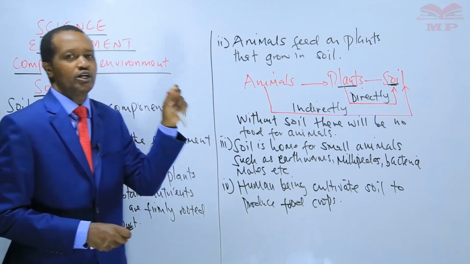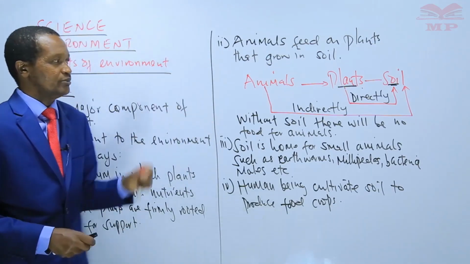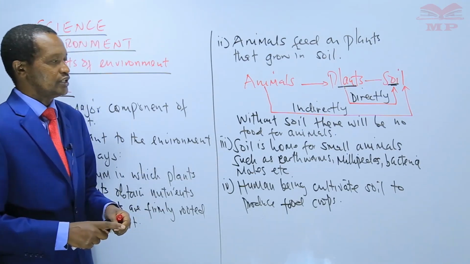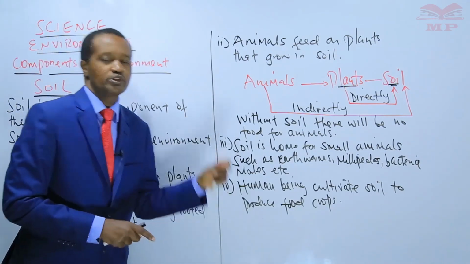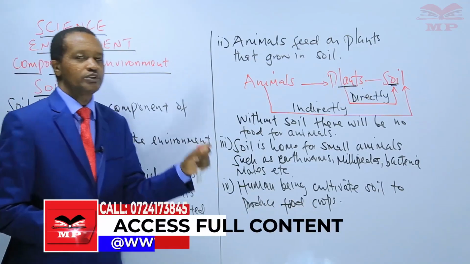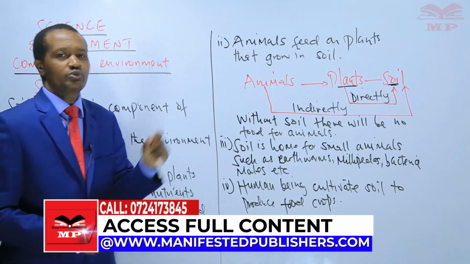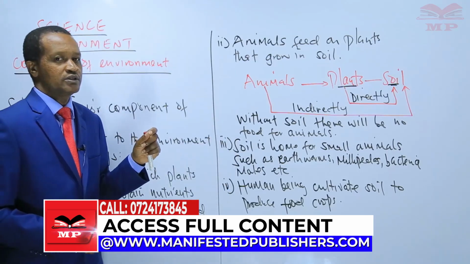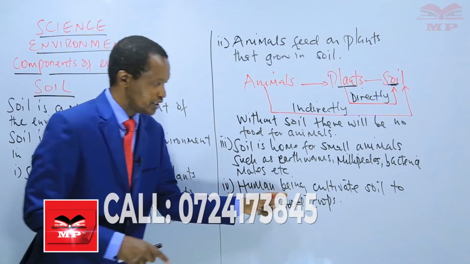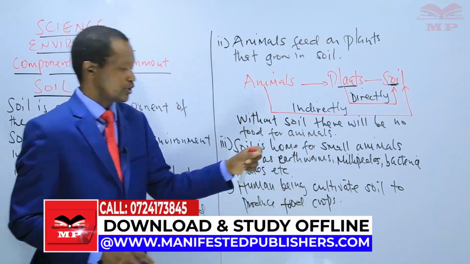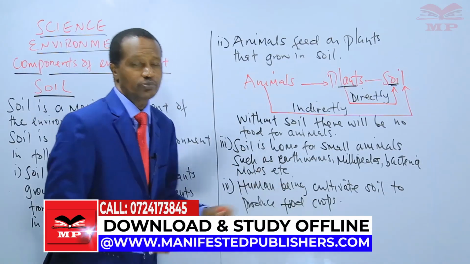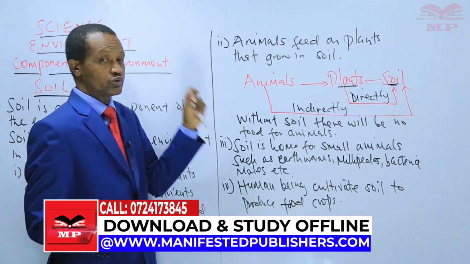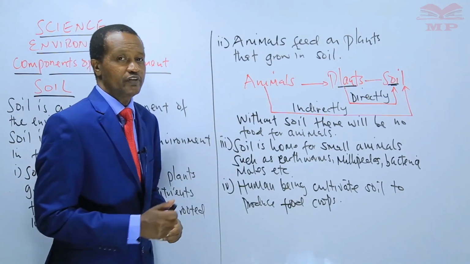Without soil, there will be no food for animals. Point number three, soil is home for small animals like earthworms, millipedes, moles, squirrels, bacteria, and so on. Then lastly, we say that human beings cultivate soil to produce food crops. So these are four ways in which soil is useful to the environment.